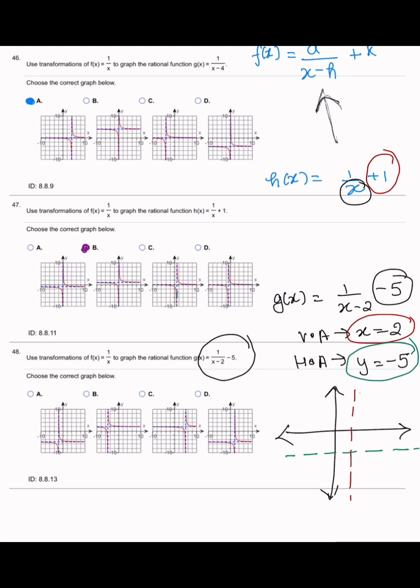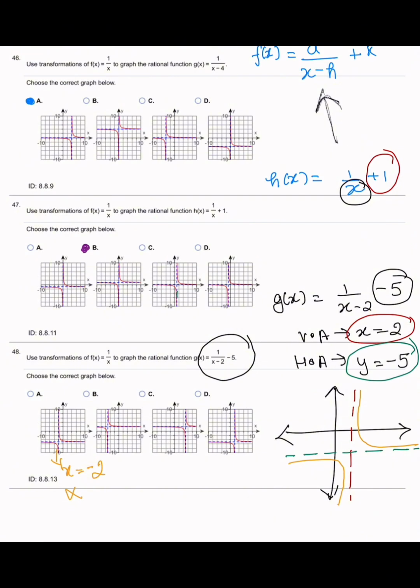We will go ahead and make a choice. So this is how my graph will look for 1 over x minus 2, minus 5. So your graph will not touch your asymptotes, but will pass very close to the horizontal and the vertical asymptotes. And now we can make a choice by decoding this information from the graph.